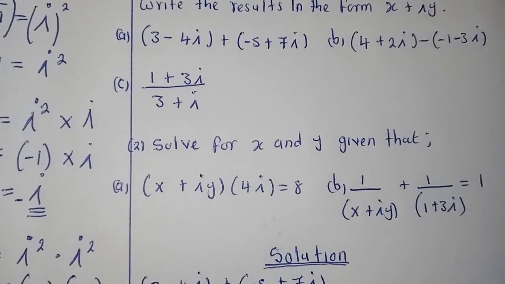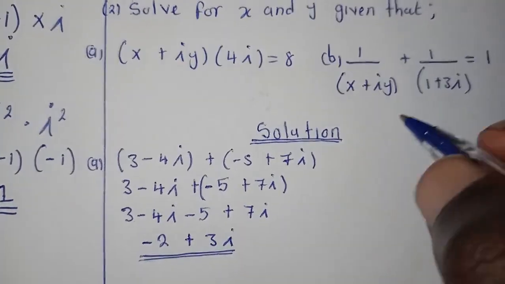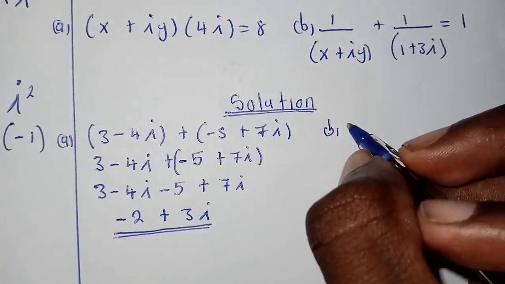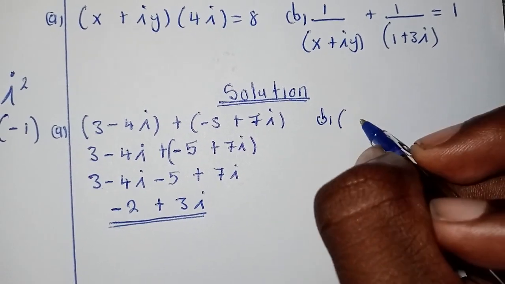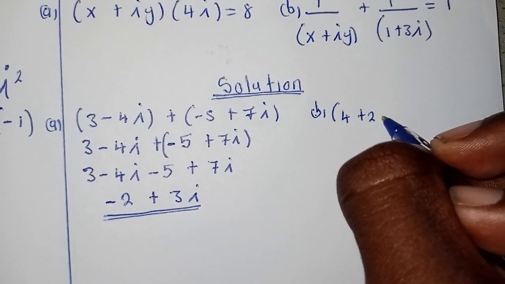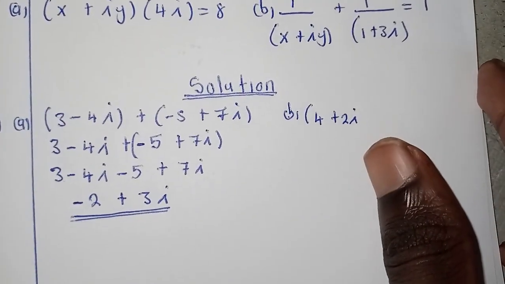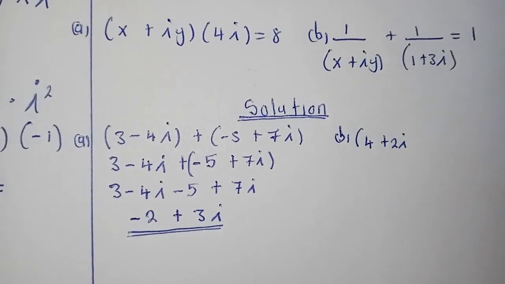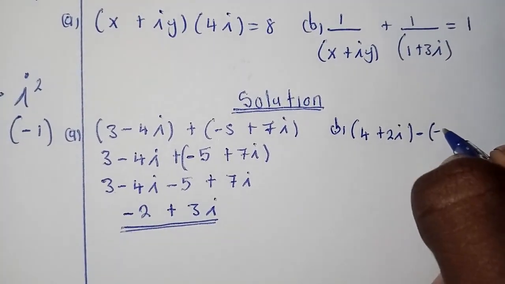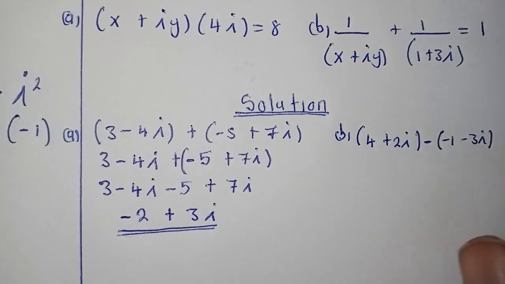Okay, let's try B. B is saying, this is 4 plus 2i, plus 2i minus, this is negative 1 minus 3i, like that.